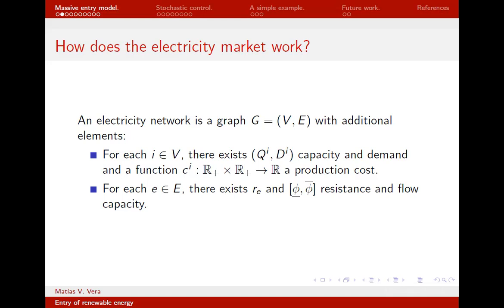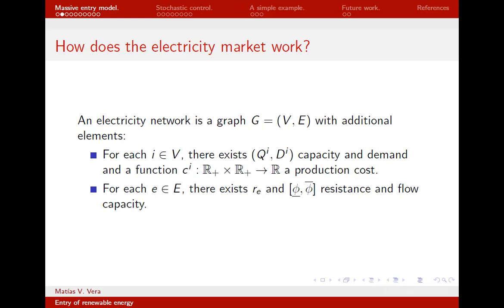At each location, we're going to have just three elements: a capacity, a maximum capacity that I can produce, a demand, which is self-explanatory, and a cost function. Producing is not cheap, it's not free, so the cost depends on how much I produce and how much I can produce.